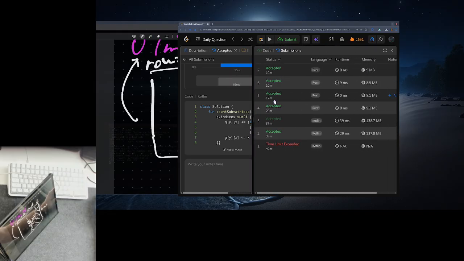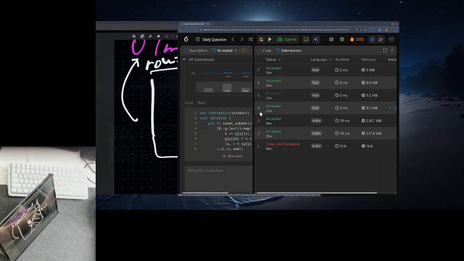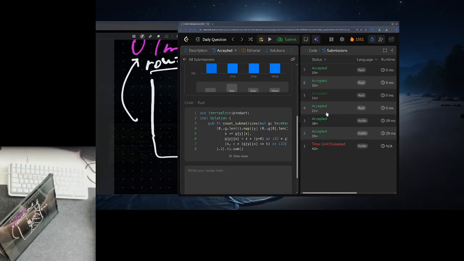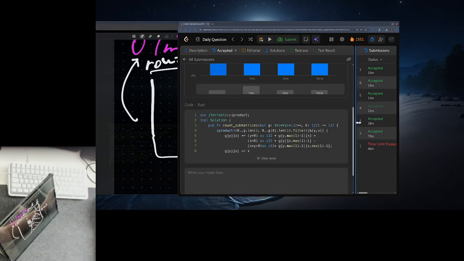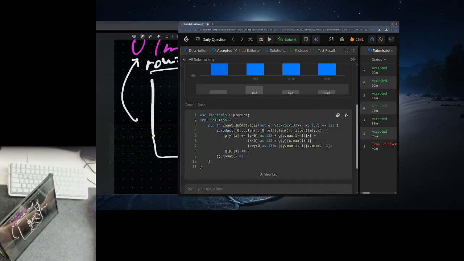Now let's look at the Rust solution, and Rust is kind of allowed to do some interesting things like use itertools, and the product allows us to make a short version, but the method of the function is the same.